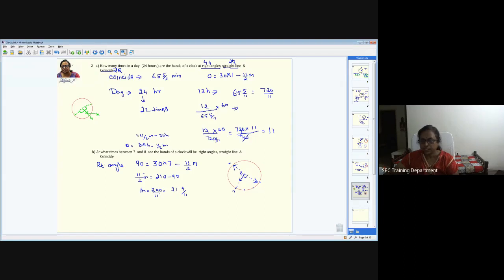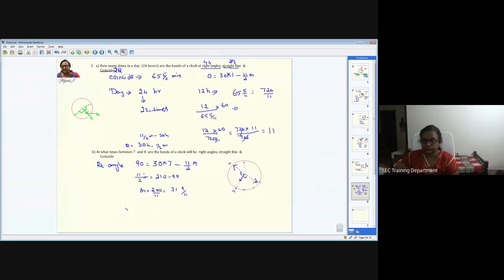Whichever is leading. In the first case, the hour hand was leading with respect to the reference, and the minute hand was lagging. Now the minute hand is leading and the hour hand is lagging. So the formula has to change. That's the reason we put it as modulus.